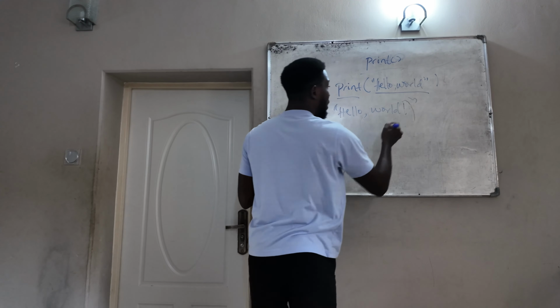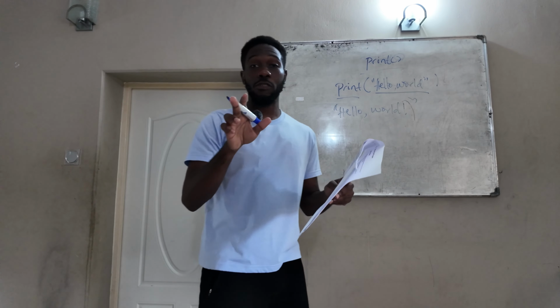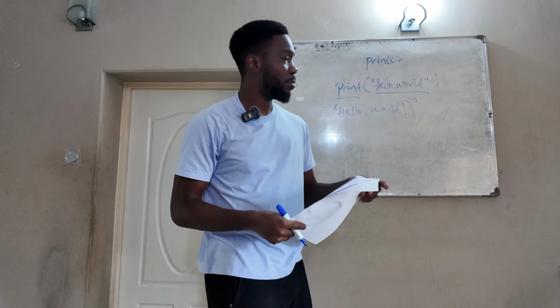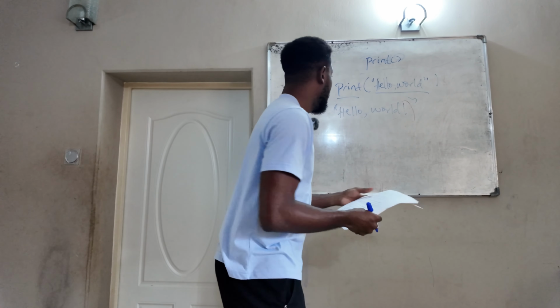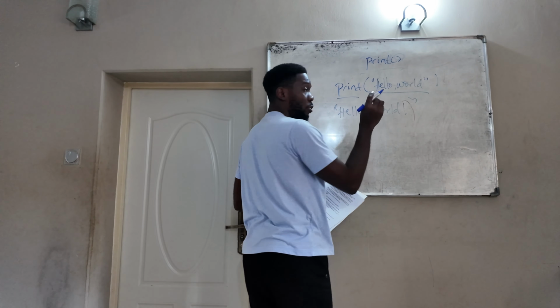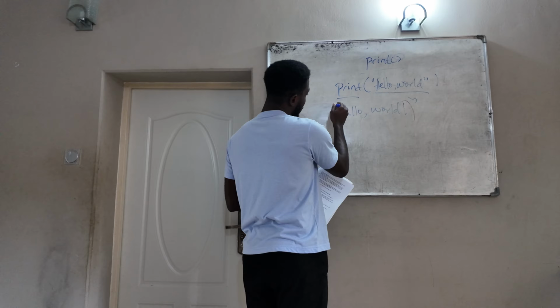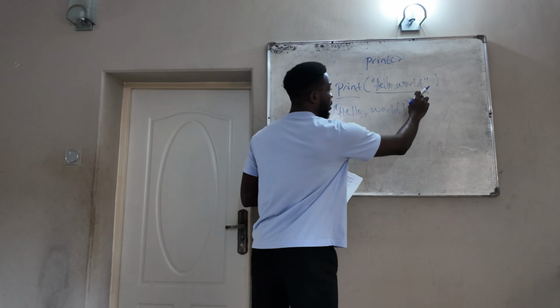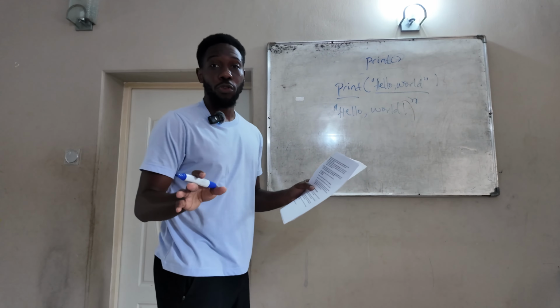in this context, is what you call a string. When we go into data types, we'll talk more about strings, but just keep in mind for now that this is what you call a string, because it's in these quotation marks. That is why it's called a string.